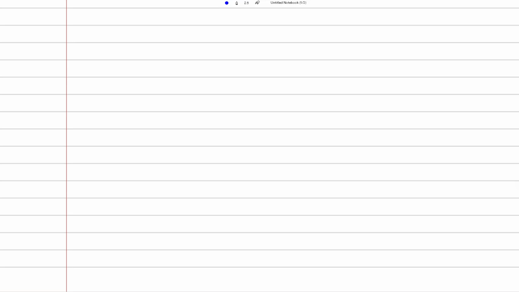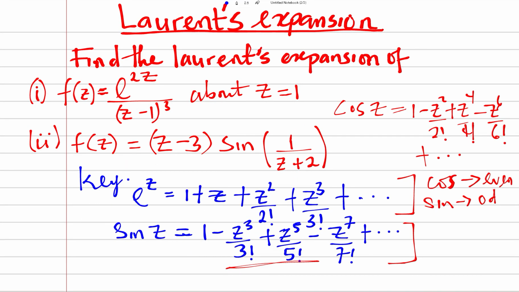I wrote it under Coulomb's law. So we have the Taylor expansion for exponential z, which is this one. I will now represent this exponential z as exponential 2u. So instead of writing exponential z, we have exponential 2u here.